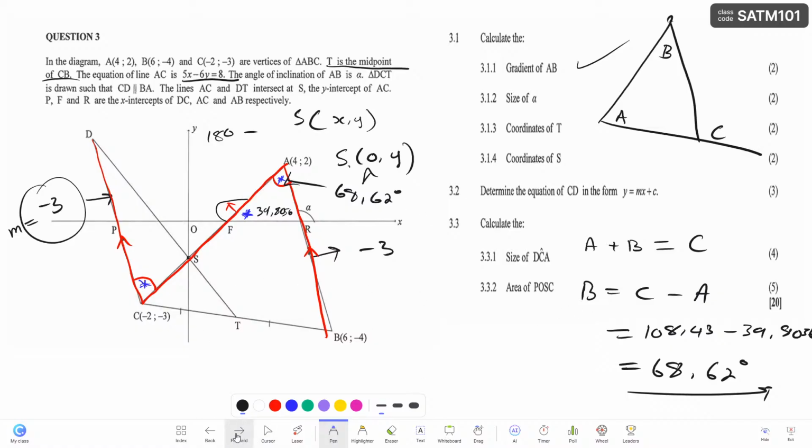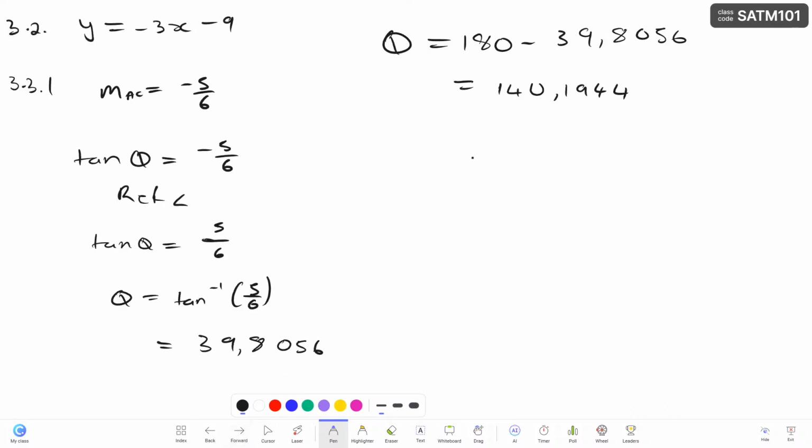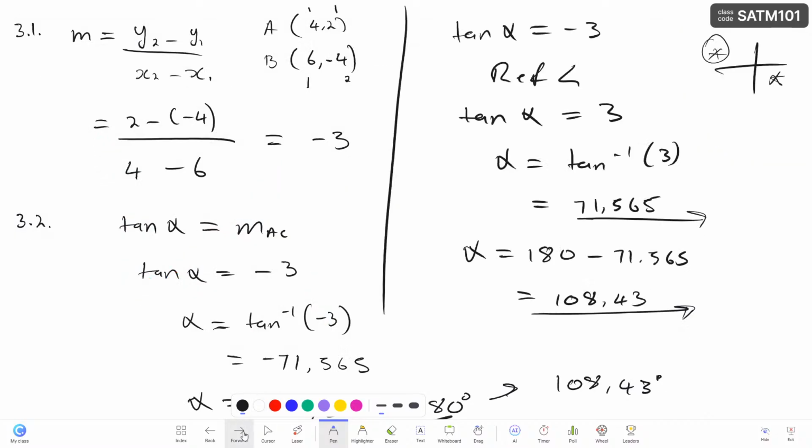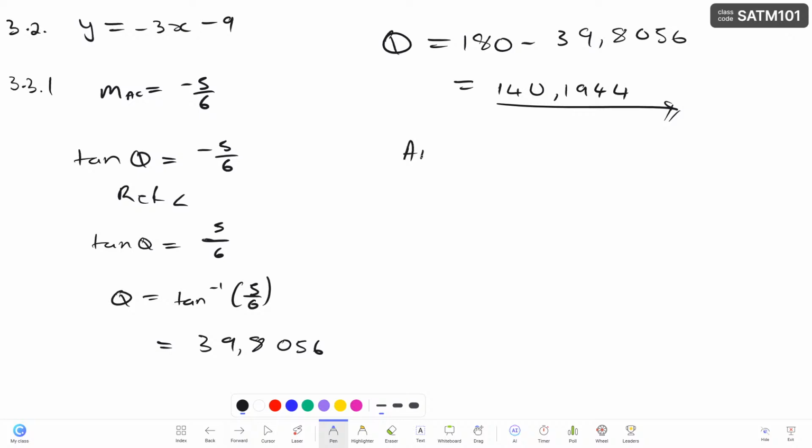The reason is alternate angle. So okay, we got this angle. I said in order to get angle FAR, you're going to say 180 degrees minus 140.1944 degrees, reason: angles on a straight line.